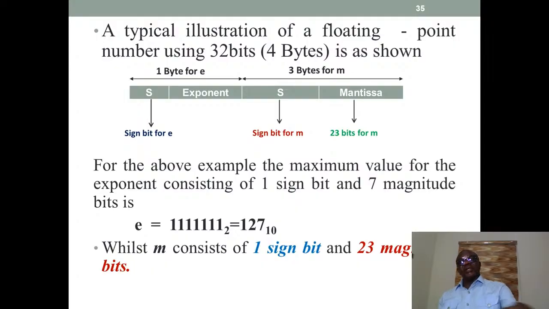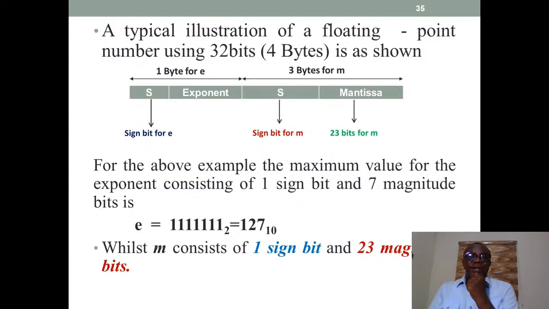So we call it S. If you look at the arrow, you see that it uses 1 byte for the exponent. The next one is the exponent. The next one is the sign bit for M. And the next one is the mantissa representing the number you really want.